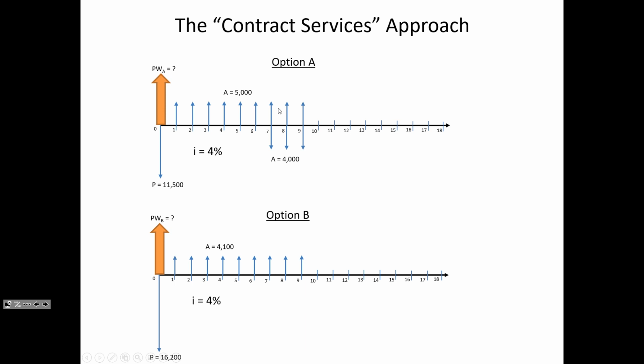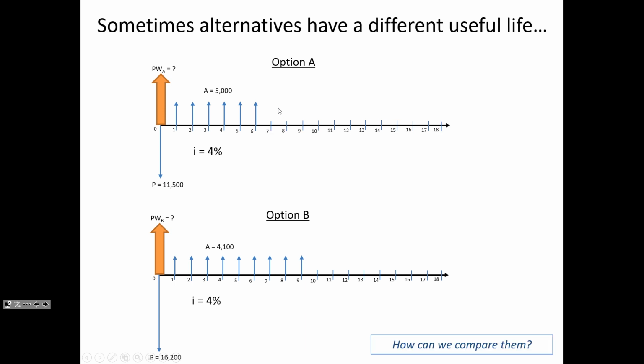So this is illustrating what we call the contract services approach. It's just that you can either lease or rent or find some subcontractor to offer the item that you need to make the shorter of the two alternatives longer than it was before. So what contract services does is it lengthens the shorter of the two cash flow diagrams. So option A was the short one.